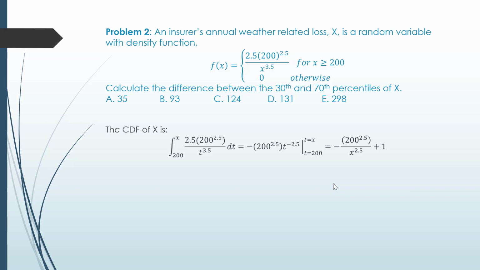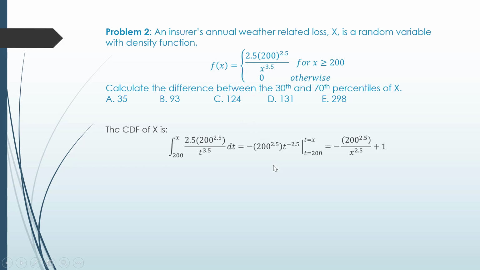So before we calculate the percentile, we need to find the CDF. To find the CDF, we basically integrate the PDF from 200 to x. Here from 200 because the function is defined on the interval from 200 to infinity. So the lowest point is 200. This is easy to calculate too.